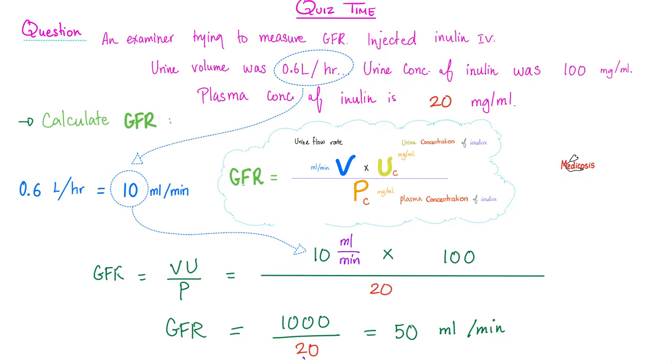And then what's the U? The U is 100 milligrams per ml, and the plasma concentration of inulin is 20 milligrams per ml. Do the math, and the answer is 50 mLs per minute. That's your GFR. That is your renal plasma clearance. This is the volume of plasma that gets cleared of inulin per minute.